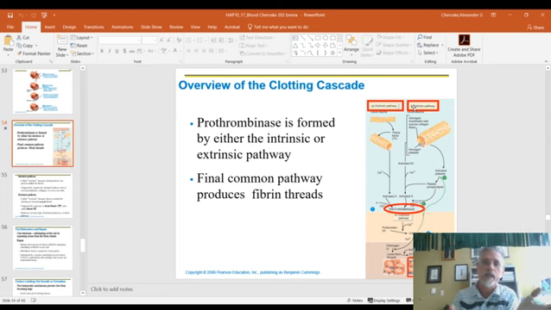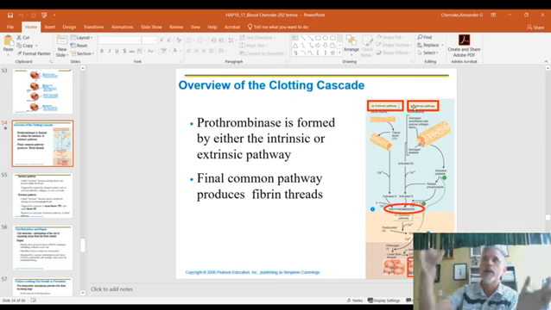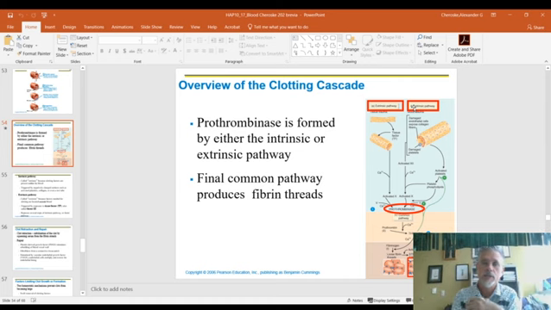So we have an extrinsic and an intrinsic pathway. When we talk about the broken blood vessel, we need to be able to heal it on the inside of the blood vessel, as well as keep the blood that's leaking out into the surrounding tissues from continuing to flow out. And so the extrinsic pathway is for the surrounding tissues, and the intrinsic is within the blood vessel itself. So what starts them off, right?